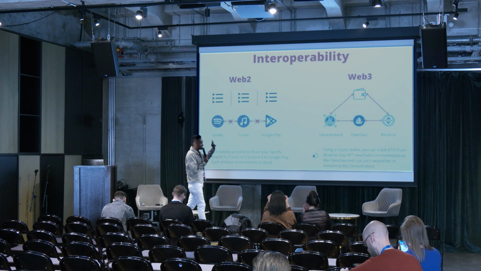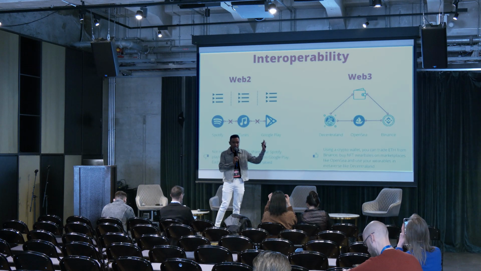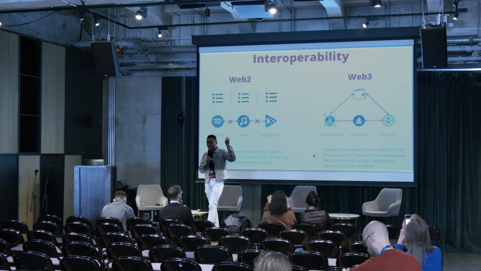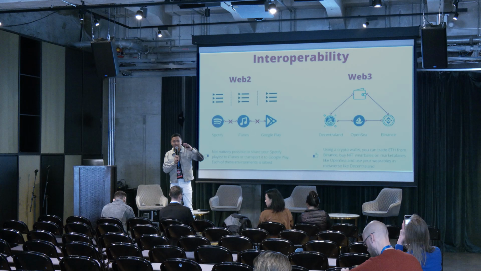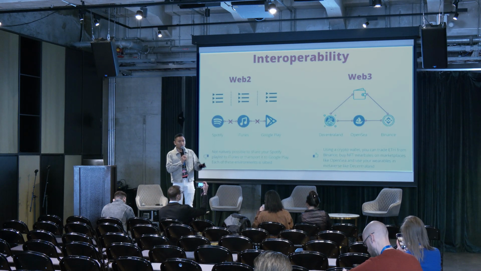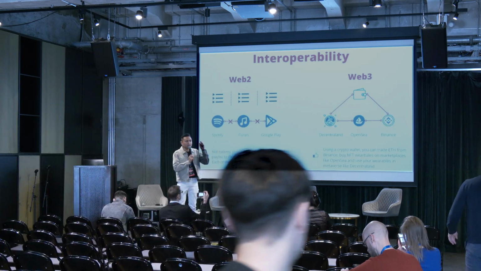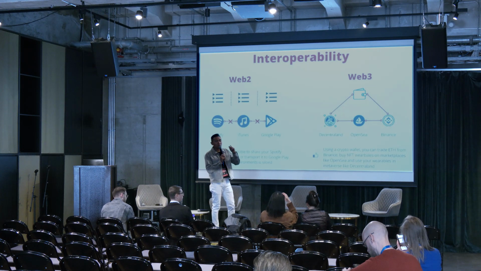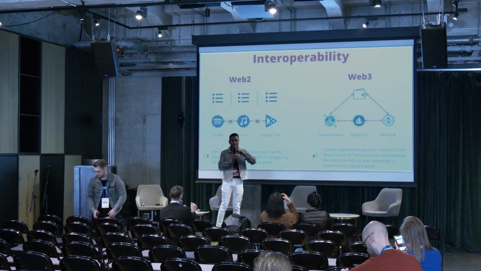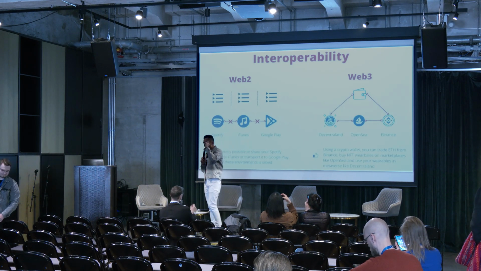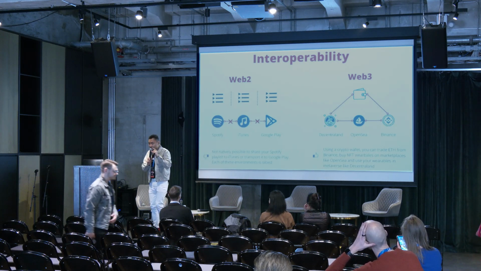But Web 3 is an interesting case, where different systems talk to each other. That's why we have wallets. The wallet is the intermediary where you can work with different websites. You can buy NFTs and work on different platforms.